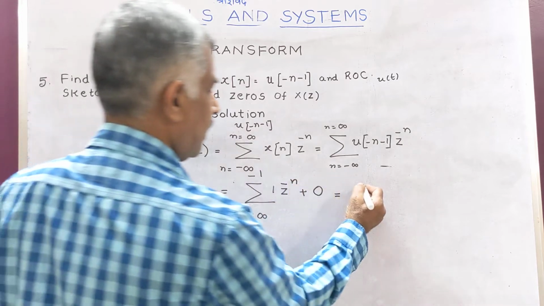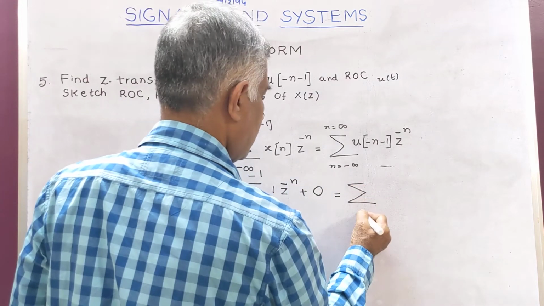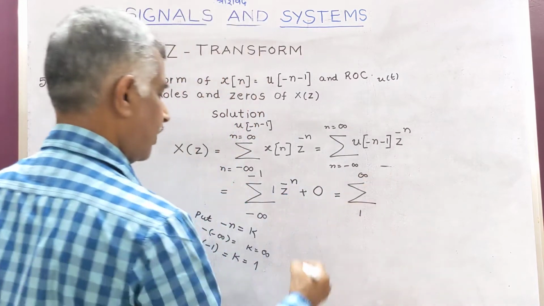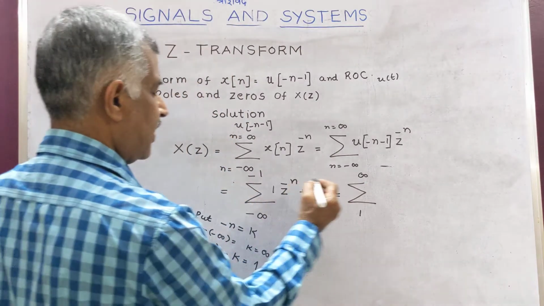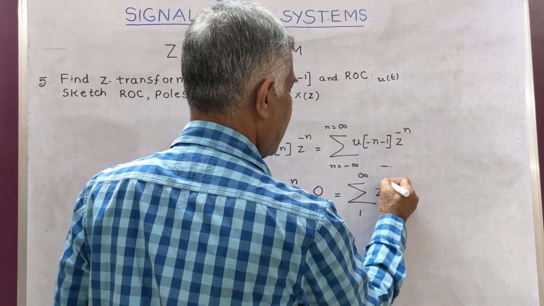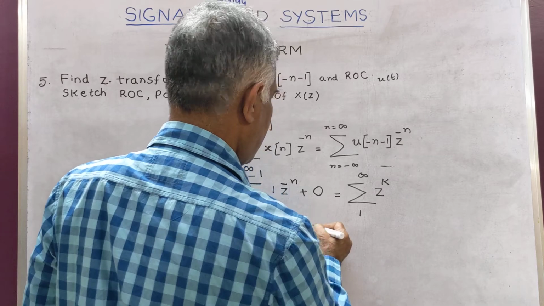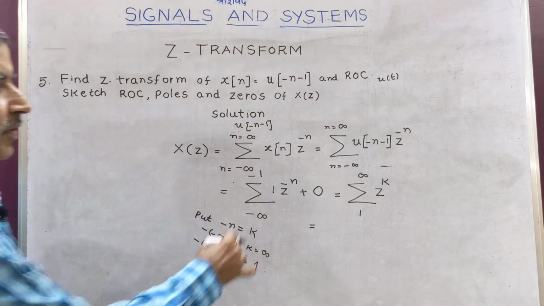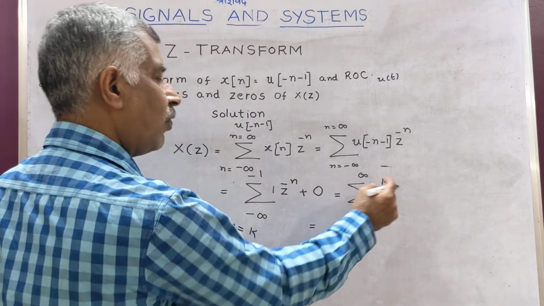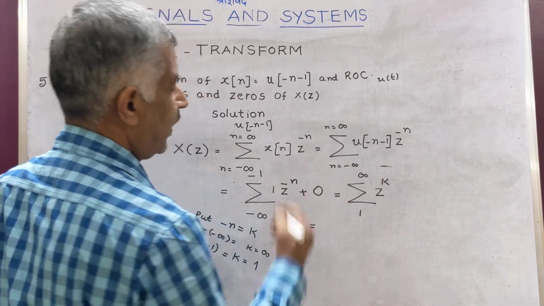Now I will write the summation from 1 to infinity of z to the power of k.